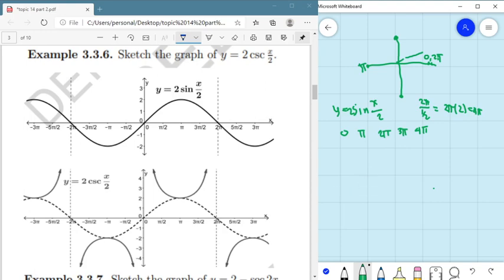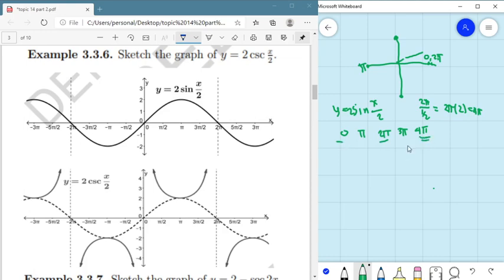So now we substitute. And then, the vertical asymptotes are 0, 2 pi, and 4 pi.